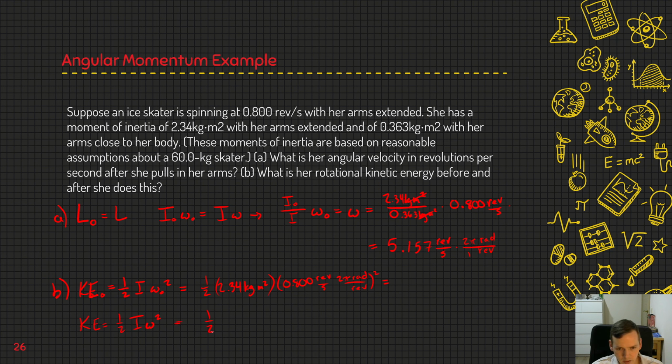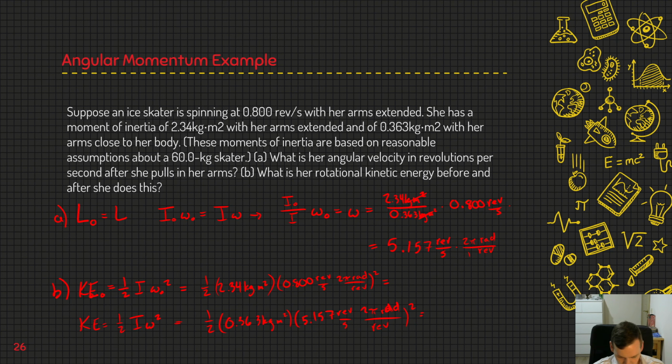And then here we're going to get 1/2 times 0.363 kilogram meters squared times 5.157 revolutions per second times 2 pi radians per revolution, squared.